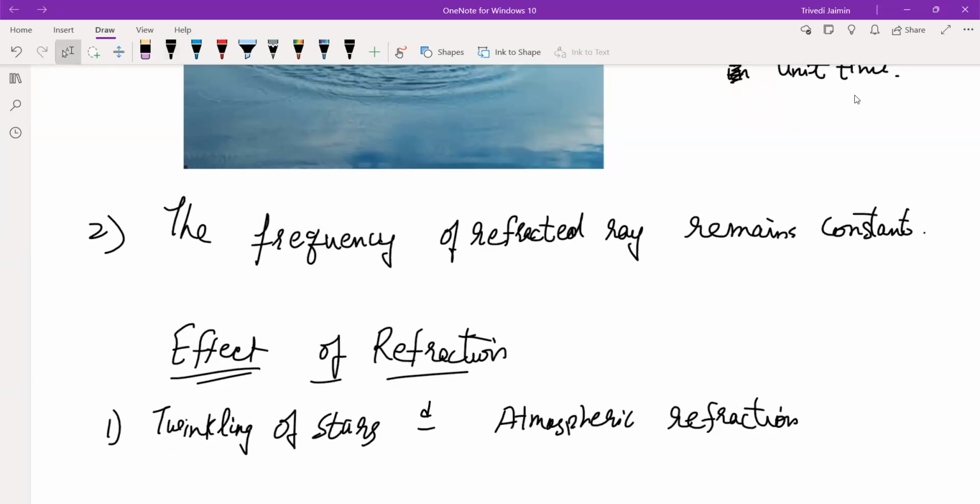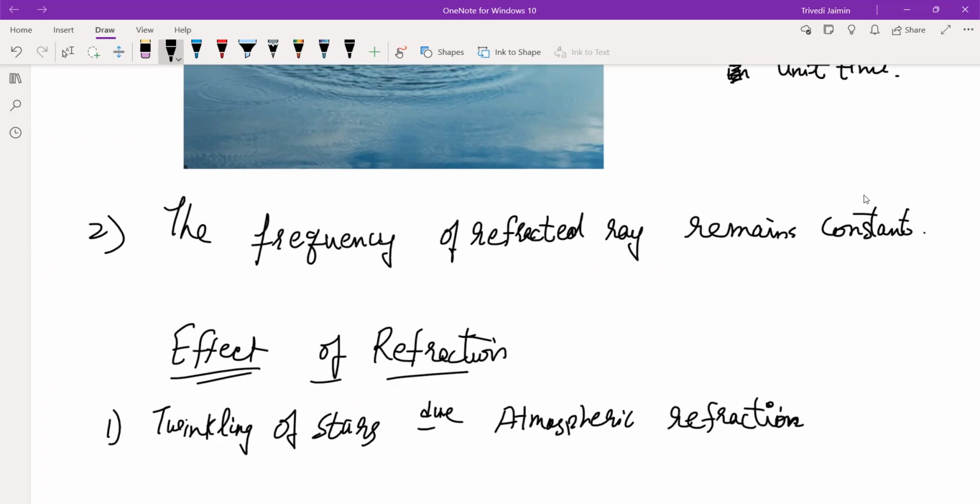So you said that the twinkling of stars is due to atmospheric refraction. Is it the effect of refraction? Yeah, it is refraction only. See, if you observe everything around you, it's atmosphere, right? And the atmosphere has many layers. We don't have a single-layer atmosphere.